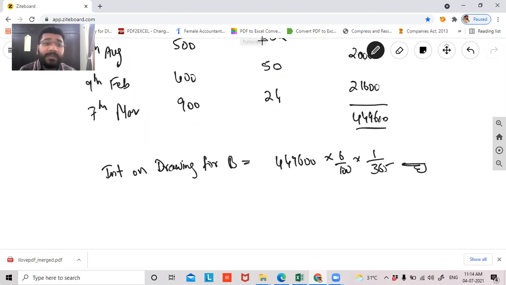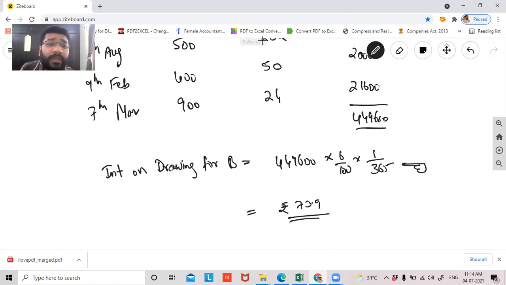Sometimes by default, the formula fixed in your mind is total product into rate of drawing into 1 by 12. So there is every possibility that in your exam, out of oversight, you can write 1 by 12. But you have to be very cautious. Presence of mind is very important. So now tell me guys, what is the interest? 73.9. Is everybody getting it?